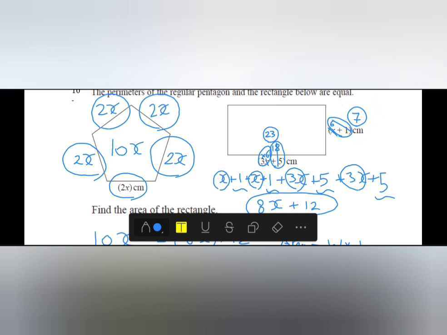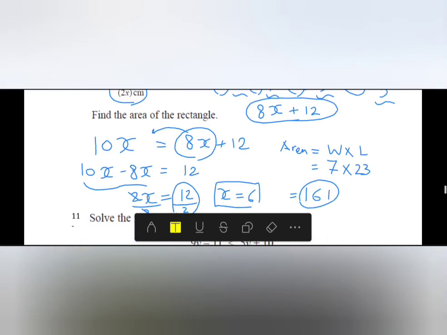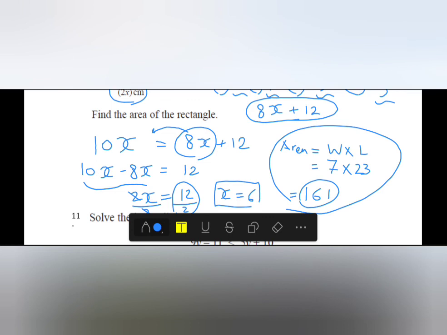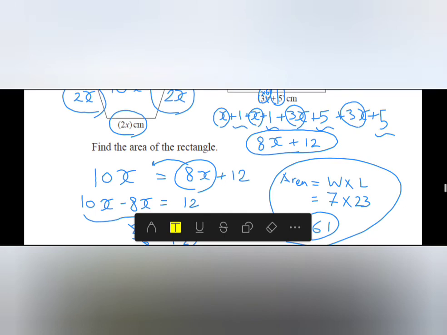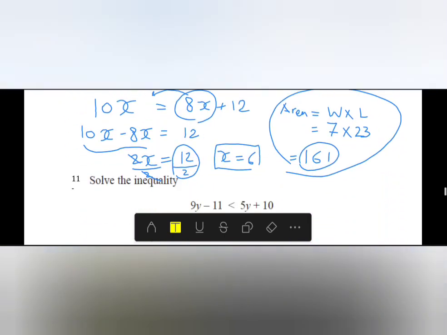And then I end up with 7 here and 23 on the length. And then I said that the area is the width times the length, and I multiplied them together, I got 161.